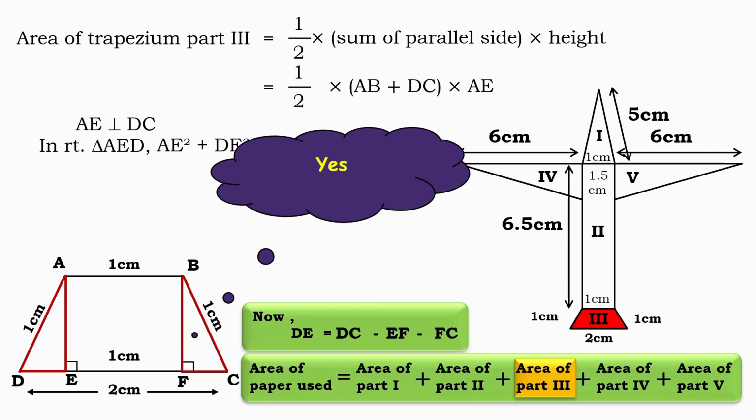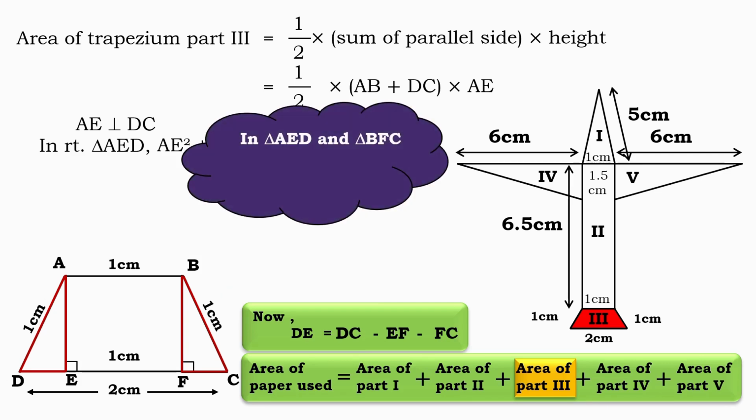So let us try this. In triangle AED and triangle BFC, angle AED is equal to angle BFC because both are 90 degrees. AD is equal to BC because both are the same, right? And AE is equal to BF because both are heights, so always it will be equal.